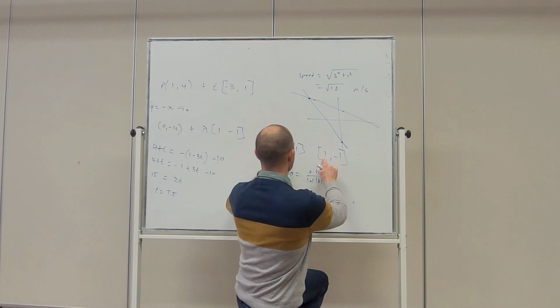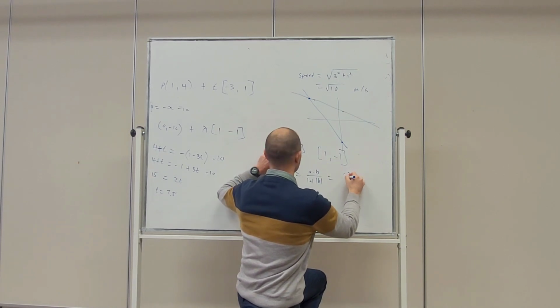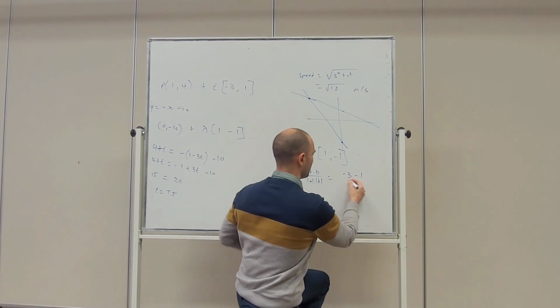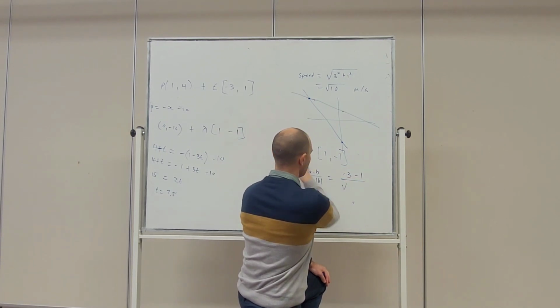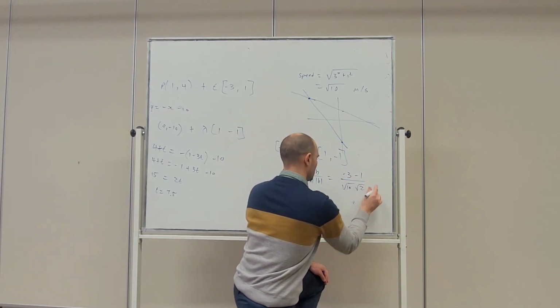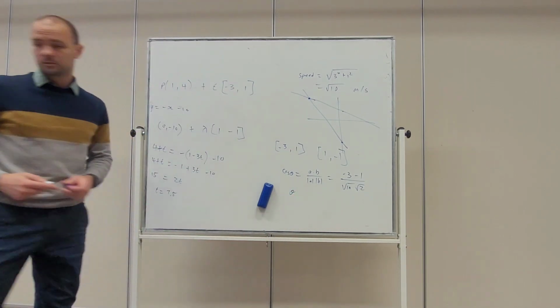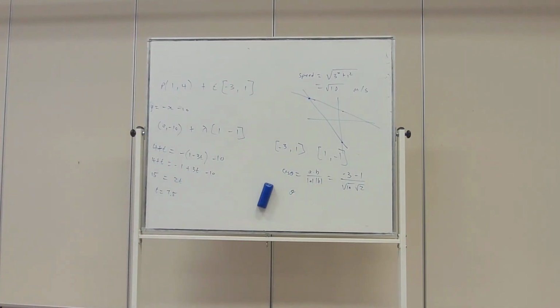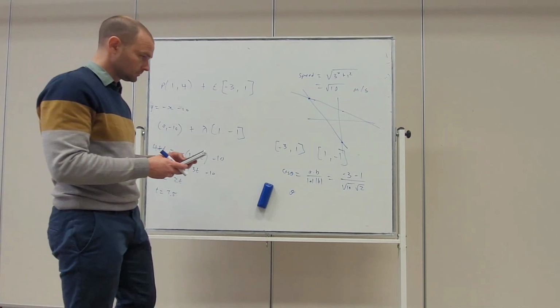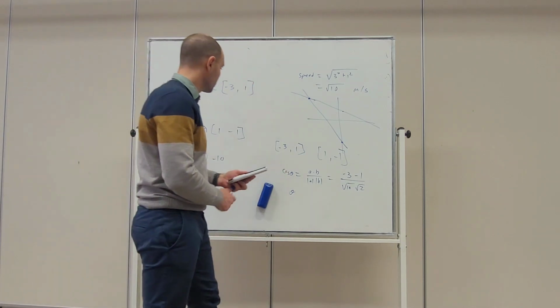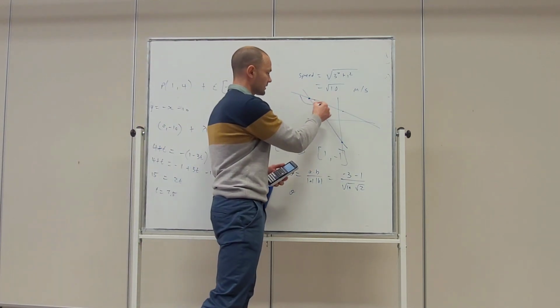So in this circumstance, minus 3 take 1 on top of the square root of 10 times the square root of 2. All right, we'll evaluate theta. It's 2.67 radians, so that's going to be this one.